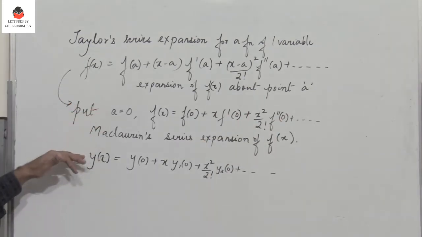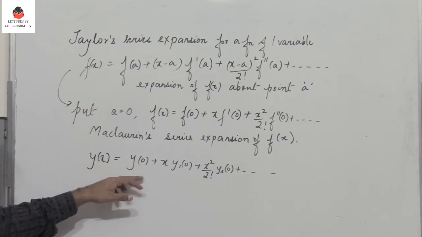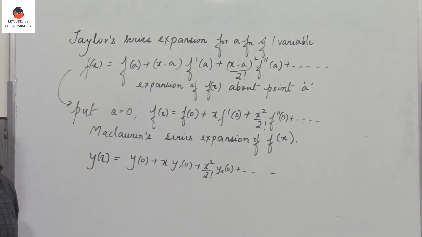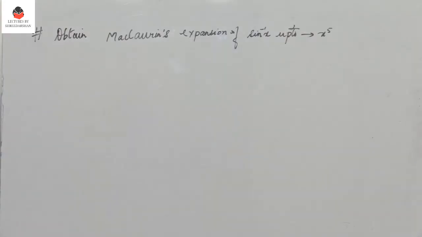And this can be rewritten as y of x equals y of 0 plus x y1 of 0 plus x square by 2 factorial y2 of 0 and so on. So obtain Maclaurin's expansion of sine inverse x up to the terms containing x power 5. So now let us write the expression.